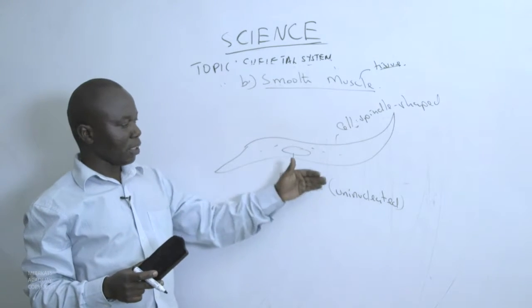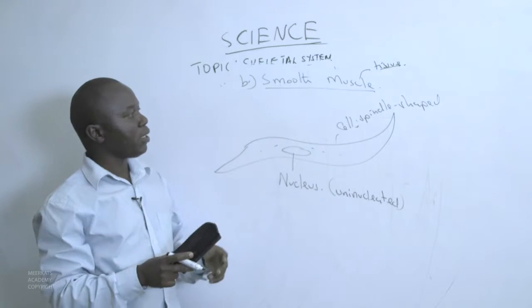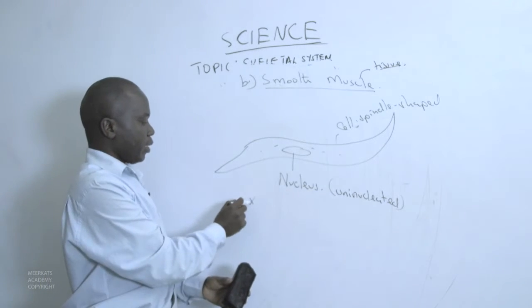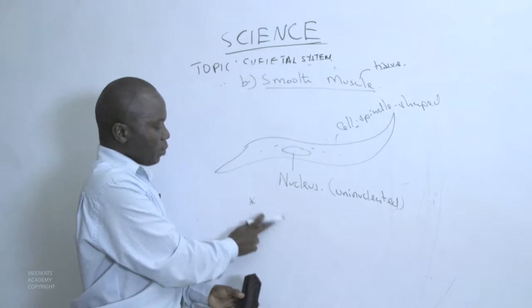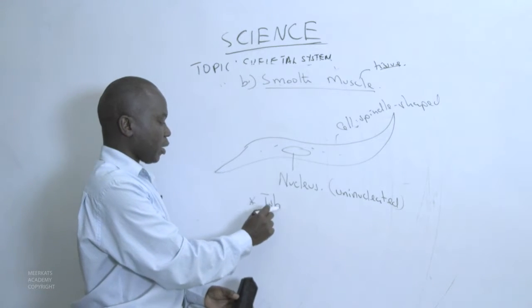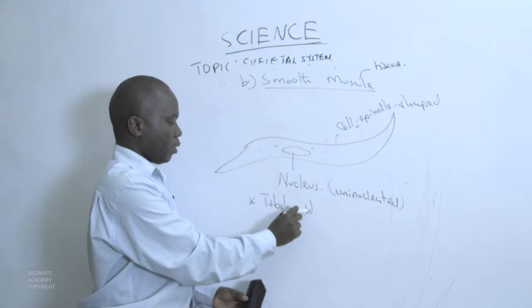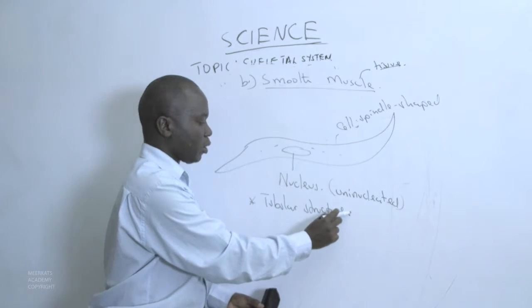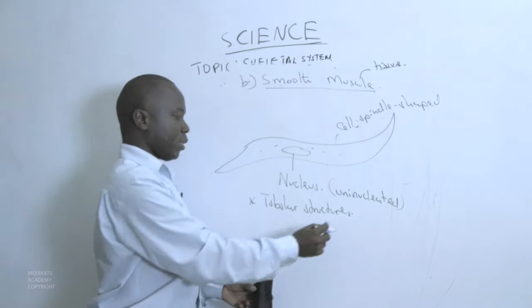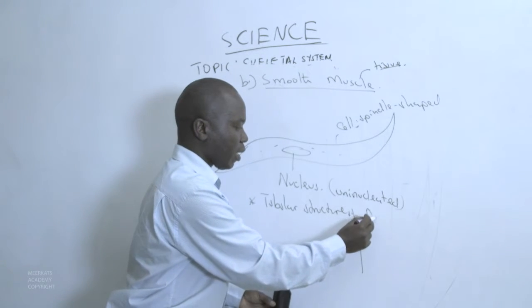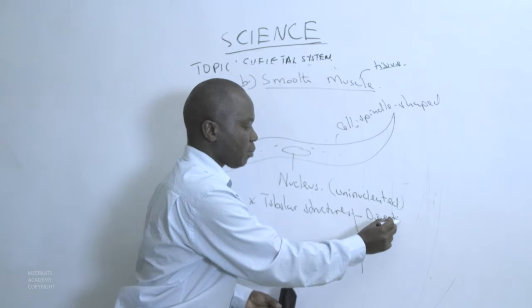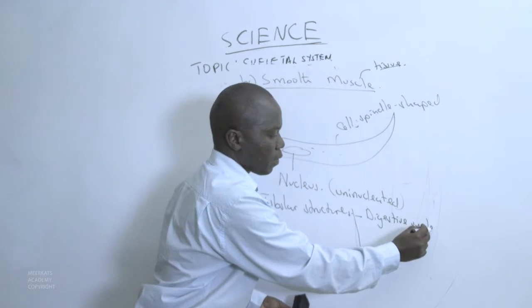It has no striation like we have identified in the skeletal muscle. But where is it found? This one is found in the tubular structures of the body. Examples of tubular structures, as we have already seen, are the digestive system.